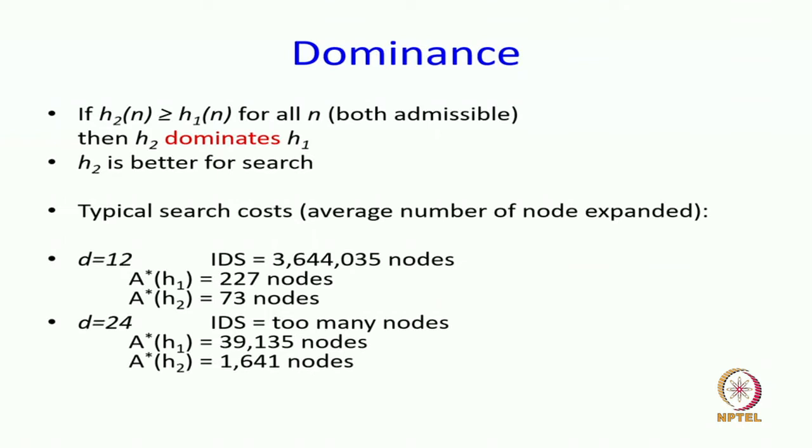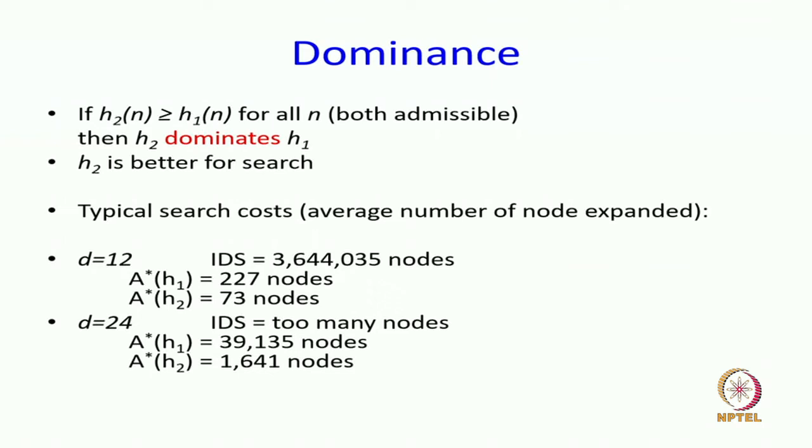And now, here is a quick example of what happens when I use a heuristic function in comparison with, let us say, iterative deepening search. Let us say I am in the example where the depth of the goal is 12. There iterative deepening search does solve the problem, but it expands 3 million nodes. That is a lot of nodes to expand.